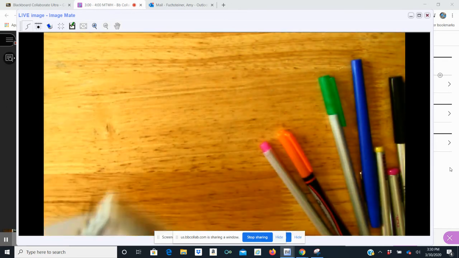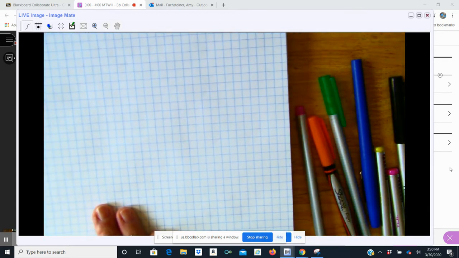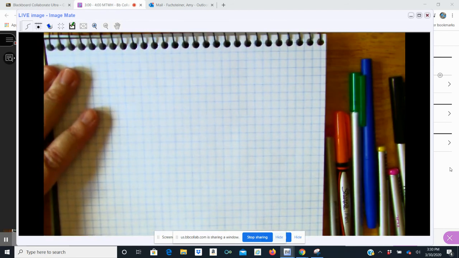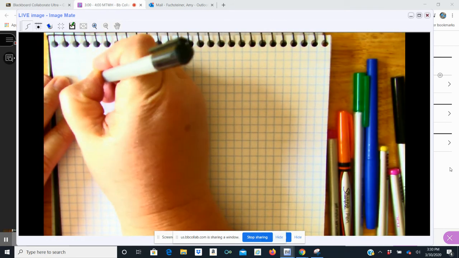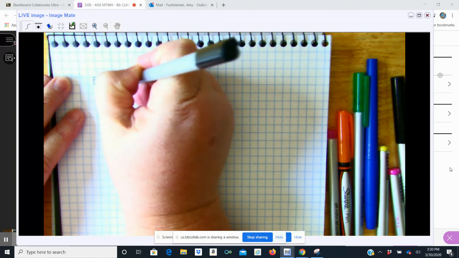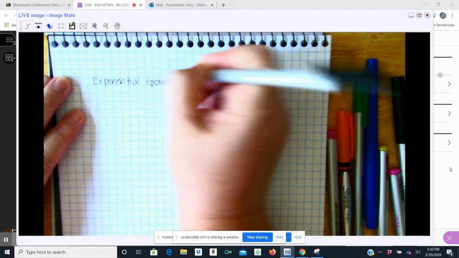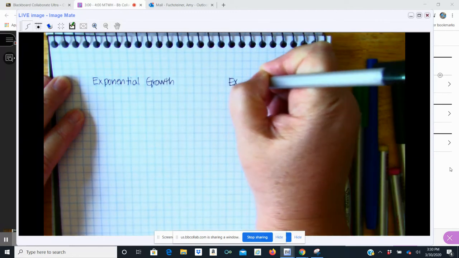So that little graph clearly showed the two types. All right, so there is, as I believe Austin said, exponential growth versus exponential decay.